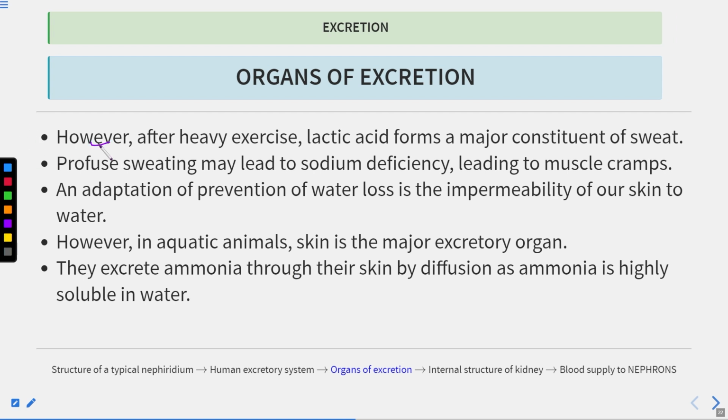Now, however, after heavy exercise, when you do a lot of physical activity, lactic acid is produced. Lactic acid is produced in the absence of oxygen, or in limited oxygen. So when you do very heavy exercise, oxygen is not available in the muscle cells, and lactic acid is generally produced in the muscle cells during vigorous exercise.